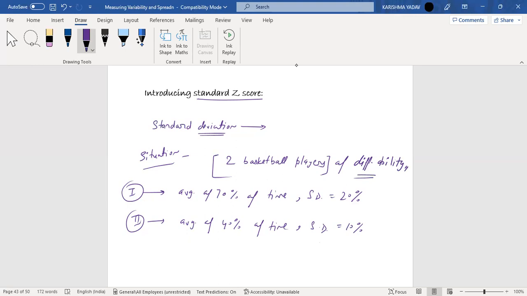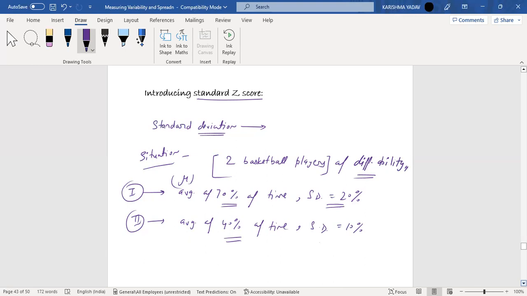The first player has a mean of 70% of the time and a standard deviation of 20%. The second player has a mean of 40% of the time, and the standard deviation for the second player is 10%.